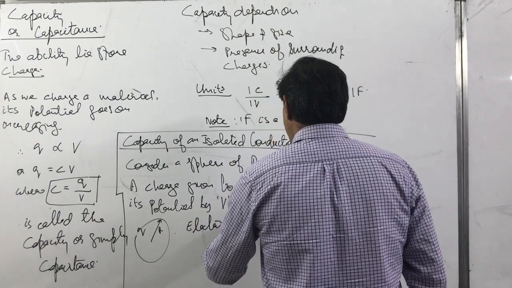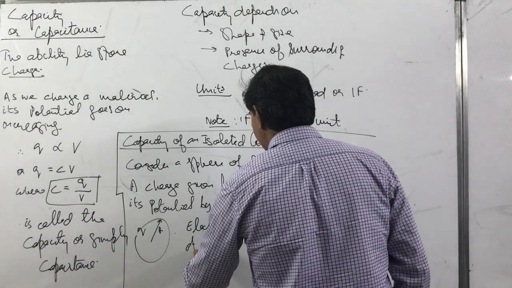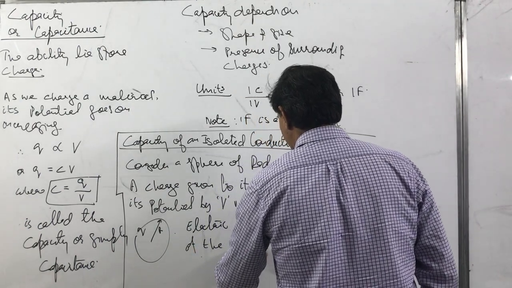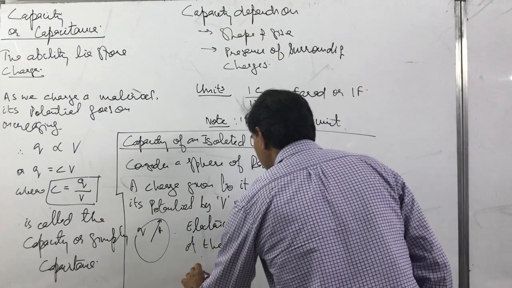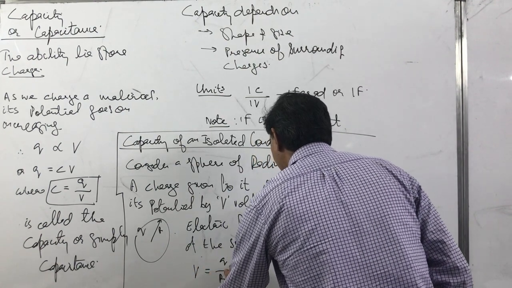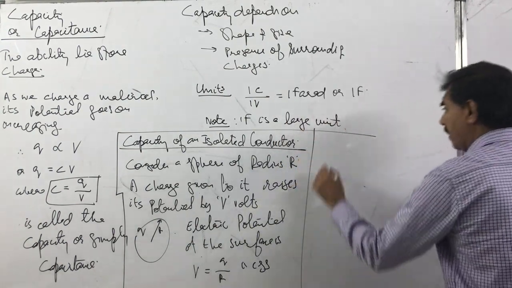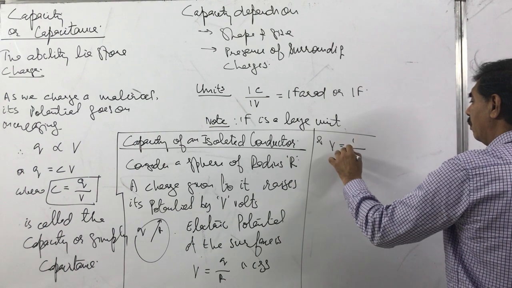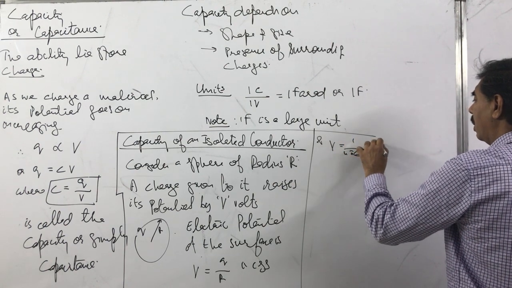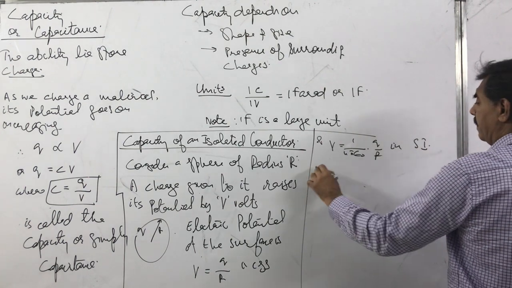Electric potential at the surface is V equal to Q by R in CGS and V is equal to 1 over 4 pi epsilon naught Q by R in SI.